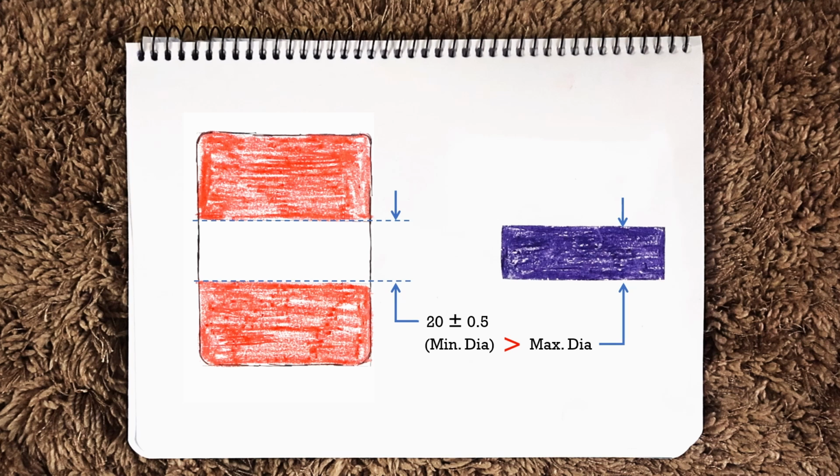I'm repeating, if this shaft should pass through this hole in all conditions, then the shaft's maximum diameter has to be less than the smallest possible diameter of this hole, so that this shaft can be inserted into this hole even if the hole is produced at its minimum diameter. Minimum diameter of this hole means 20 minus 0.5, 19.5 mm. So we can consider the shaft diameter anything less than 19.5 mm.